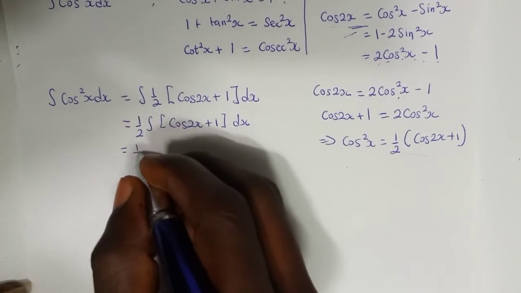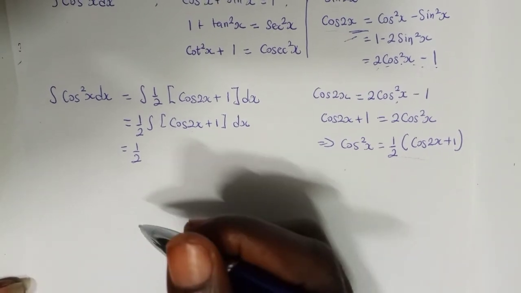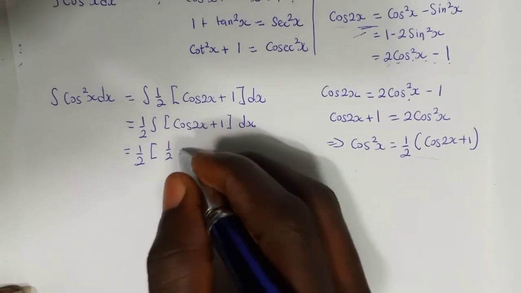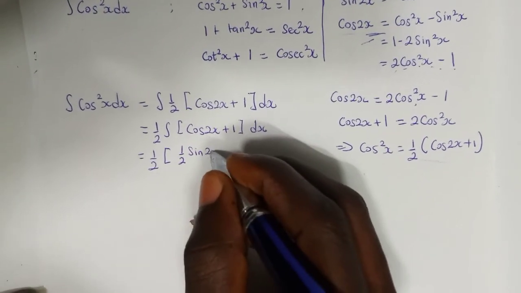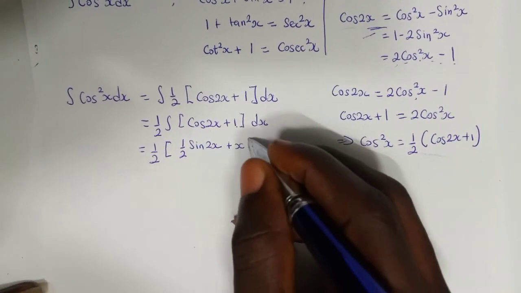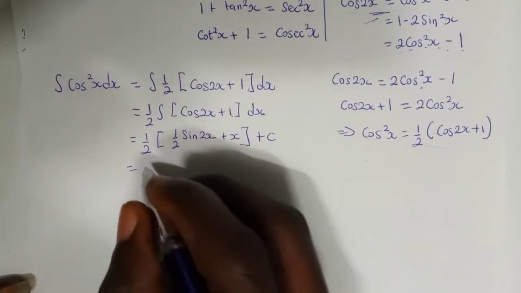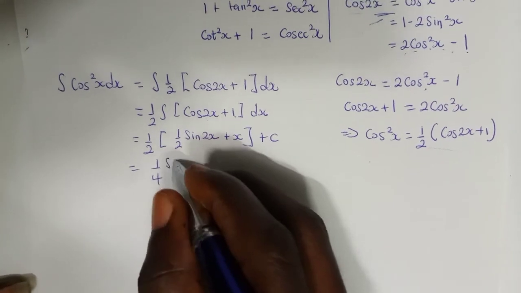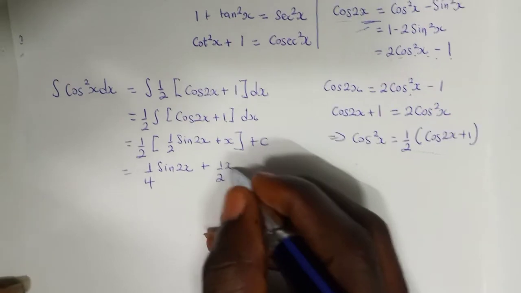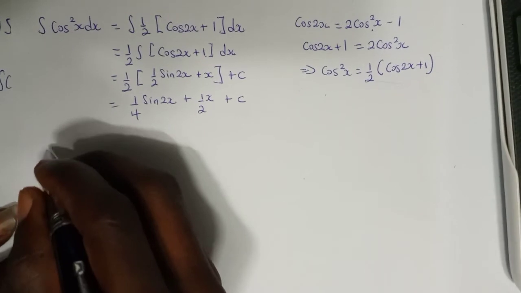So 1 out of 2 integral of cos 2x, as we solved it earlier, we are going to get 1 out of 2 sine 2x plus integral of 1, we are going to get x, then plus our constant c. So our final answer is 1 out of 4 sine 2x plus 1 out of 2 x plus c. So let's solve this question.